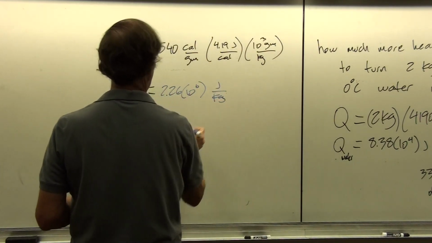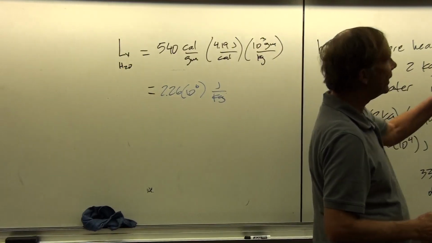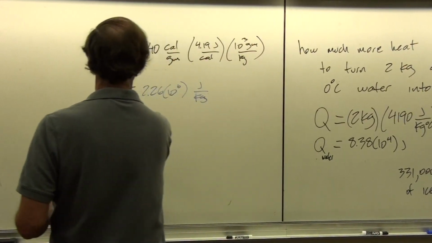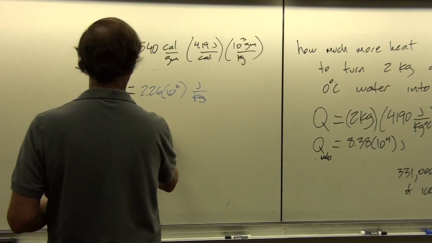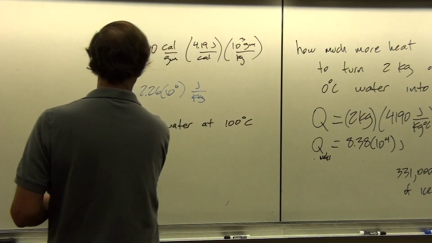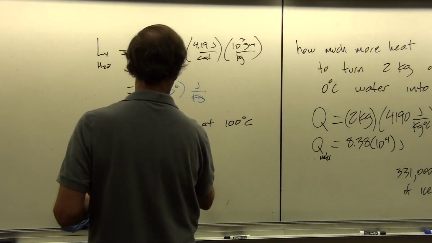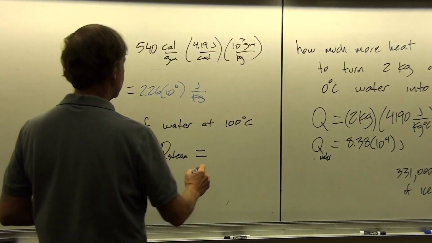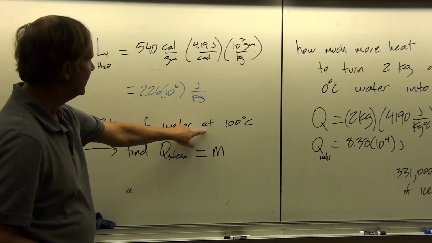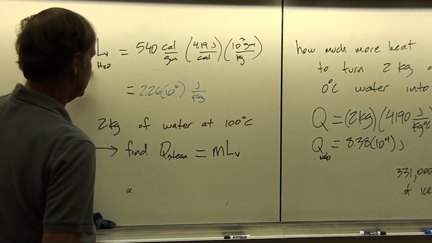Joules per kilogram. So if we wanted to take this water, let's say the water was at 100 degrees centigrade, it's 2 kilograms now of water at 100 degrees centigrade. Let's find the heat to turn it into steam. Well, that's just going to equal the mass of the water at 100 degrees centigrade times the latent heat of vaporization for water, that's our L V value.